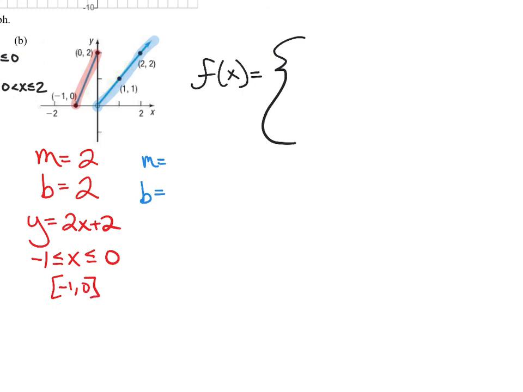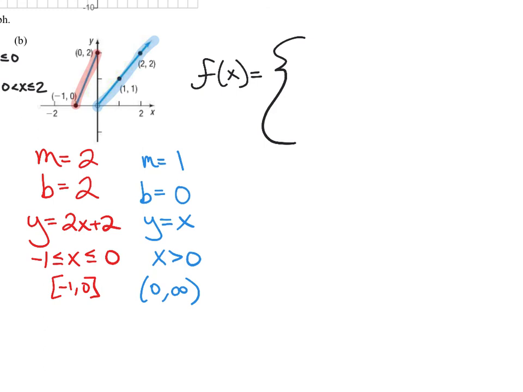For the blue segment, it has a slope of 1 and a y-intercept, or would-be y-intercept, of 0 if it existed there. So its equation is y equals 1x. And this graph appears anything that's larger than 0, right? From 0 to infinity. So we just have to put these pieces together.